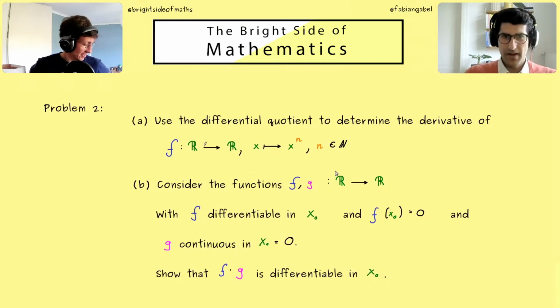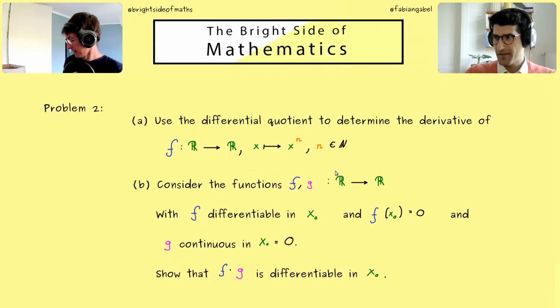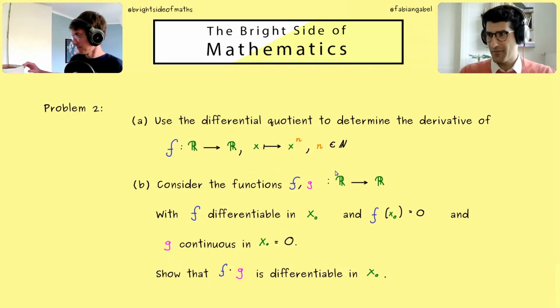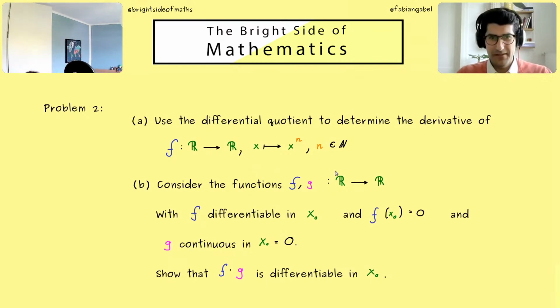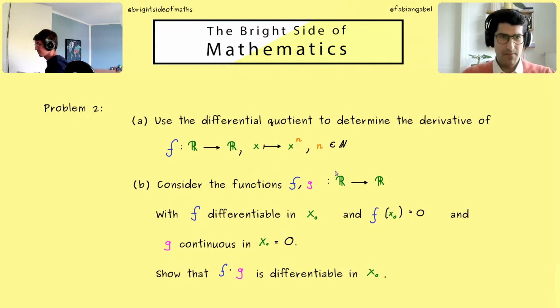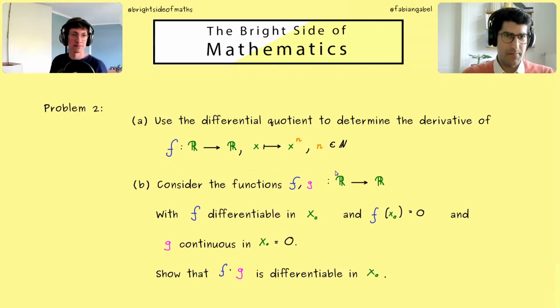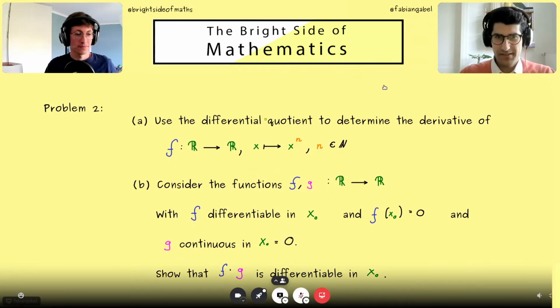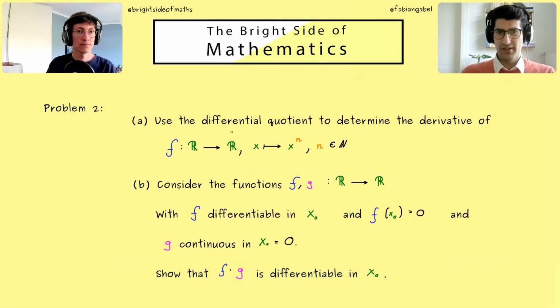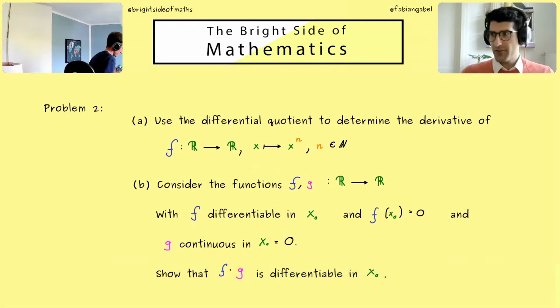All right. So now it's getting technical in a different way, because now we want to use the basic definition of a differentiable function, or of being differentiable, which is by using a differential quotient. We now want to calculate derivatives using this basic definition, which is quite cumbersome.